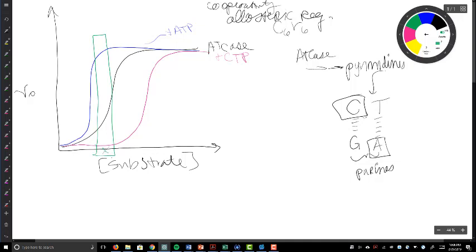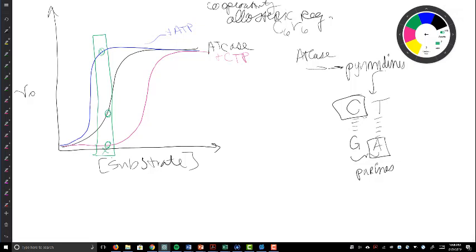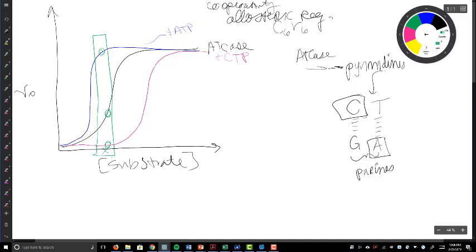If we look at the velocity of the enzyme at the corresponding spot for ATCase on its own, or in the presence of CTP and ATP, we'll notice that at this particular concentration, the velocity of ATCase when bound to CTP is lower than without CTP, whereas if we look at the curve for ATP, the velocity is higher than in the absence of the regulators.